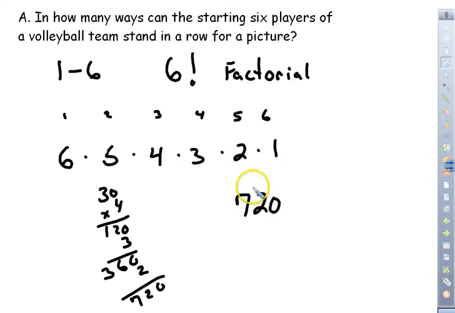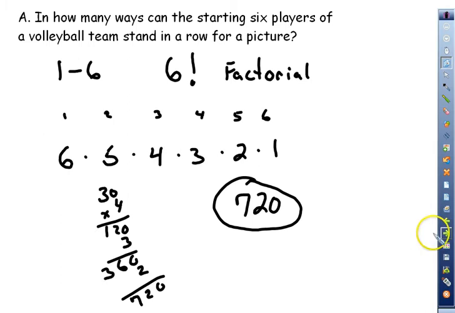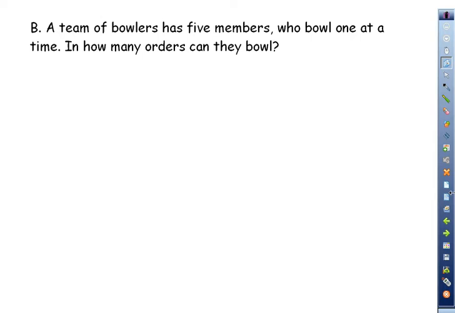There are actually 720 different ways that you could arrange all of these players. That's a lot. And again, it always seems like there can't possibly be 720 different ways, but there honestly is, the way you can arrange those. So the answer is 720.